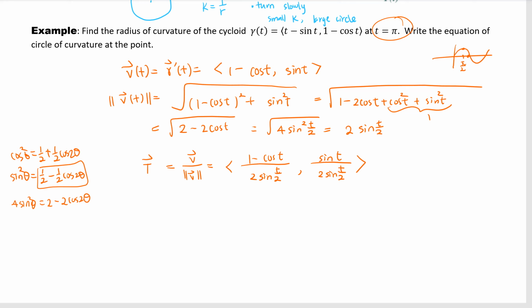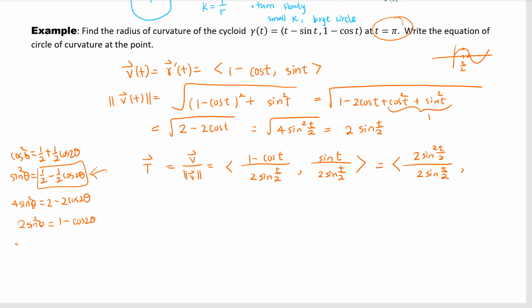Okay, what is 1 minus cosine t? Well, use the double angle formula again. But now we multiply by 2. So we have 2 sine squared theta is 1 minus cosine 2 theta. Now you let t be 2 theta, then theta equals t over 2. So this is the same as 2 sine squared of t over 2, over 2 sine t over 2.